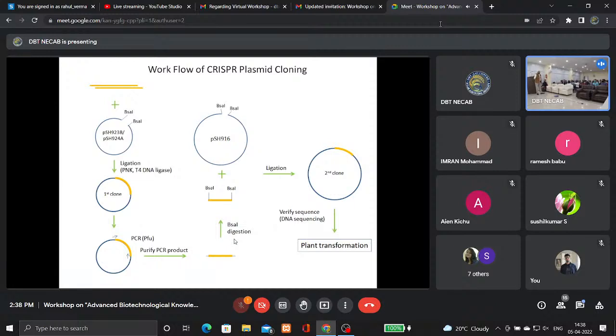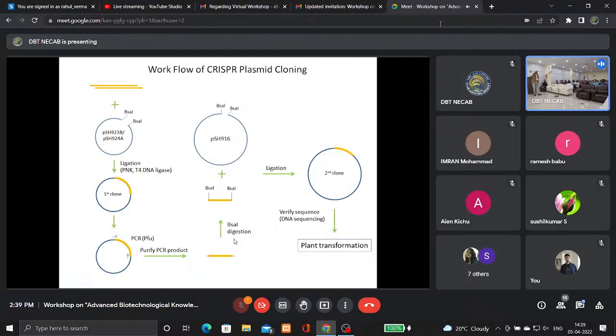Then we ligate this guide RNA into either 923 or 923B. This is the first clone we have got. Once we have the first clone, we will amplify this whole expression cassette, purify the product, and finally clone it into pSH916, the binary vector. This is my PCR product, the whole expression cassette, and there are two BsaI restriction sites.